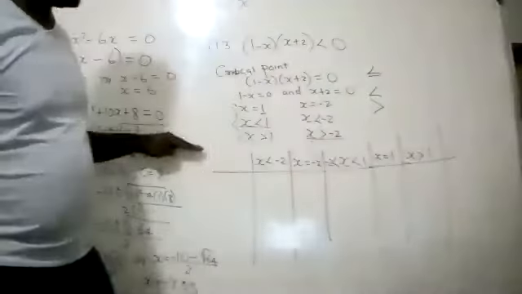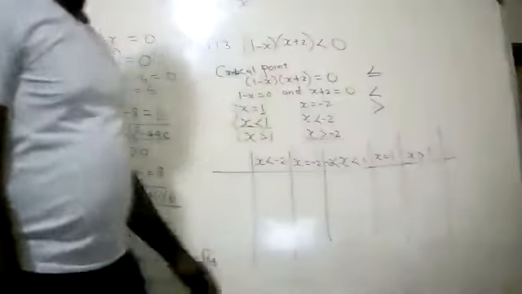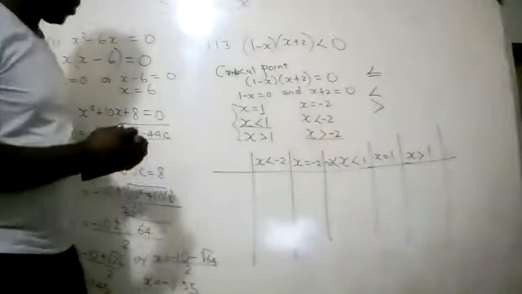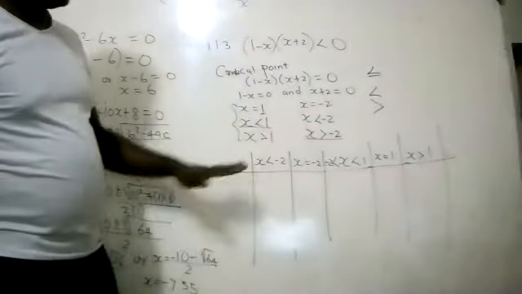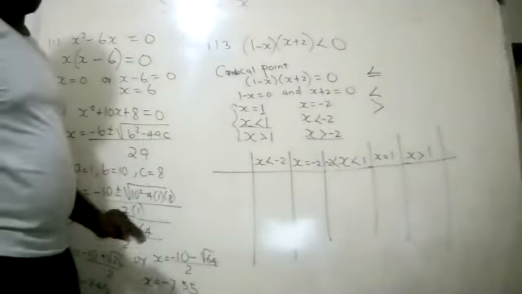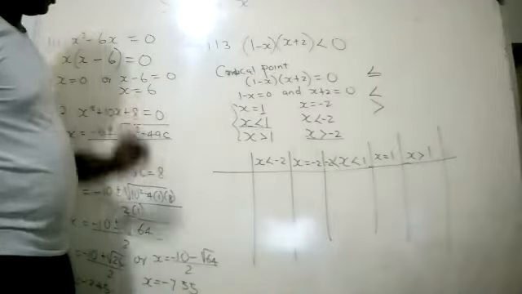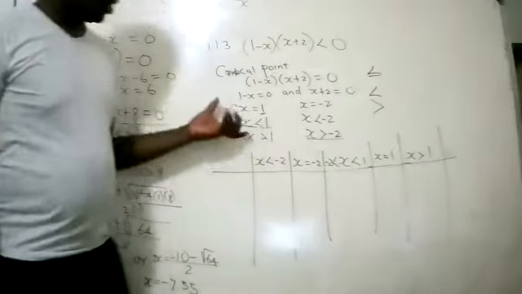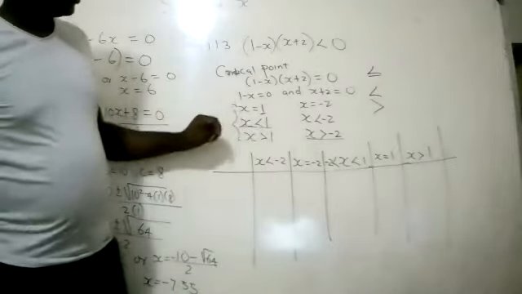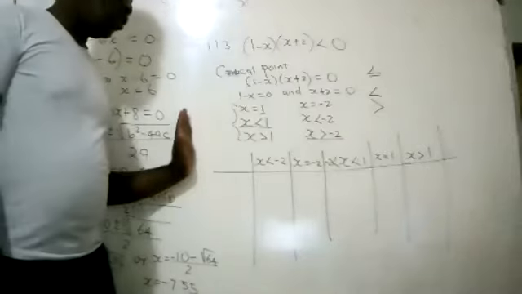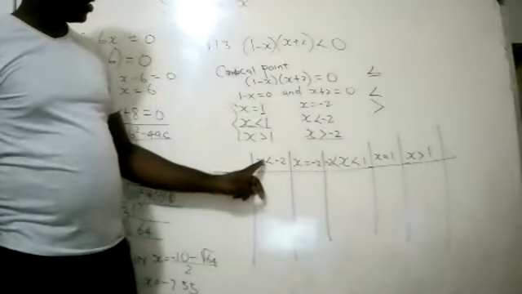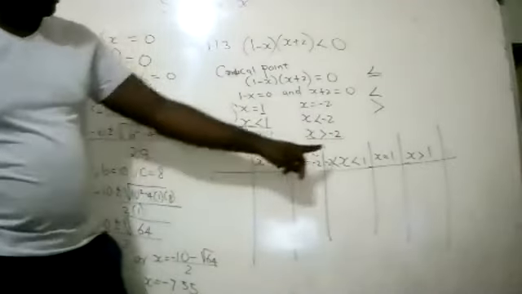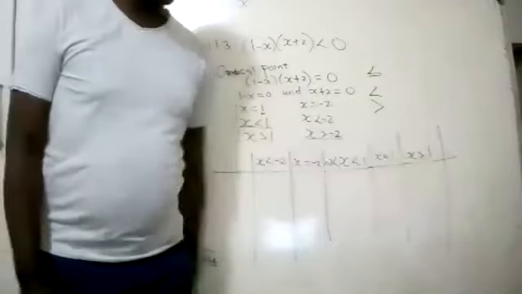This step is what many people consider the most difficult step, which I want to emphasize again, because once you understand this step, any other thing will not be difficult for you, because they are simple to understand. So let me explain this part again: we take from the lowest value to the highest value. The smallest value in this case is x less than -2, and the highest value is x greater than 1.